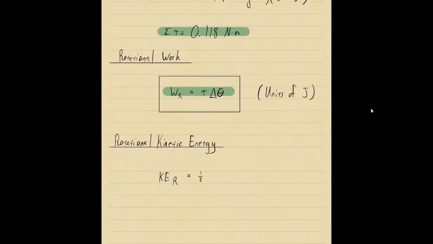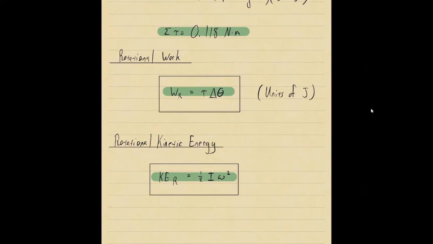It's going to be equal to 1/2 times the moment of inertia of our object about its axis of rotation times its angular velocity squared. I keep saying this over and over again, but a lot of the stuff that we have seen in today's chapter has analogs with linear stuff.